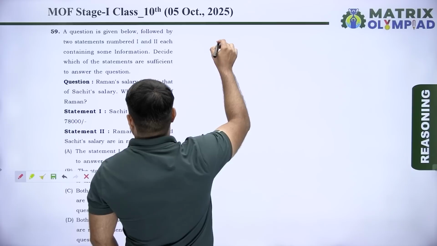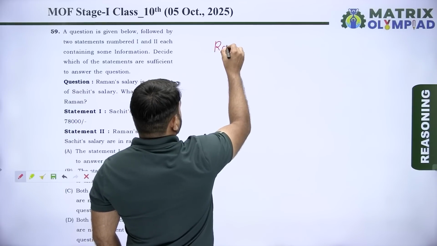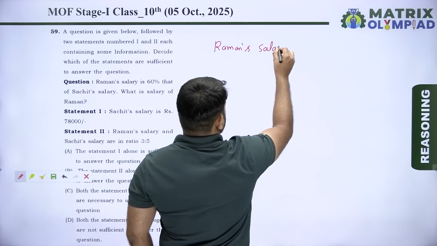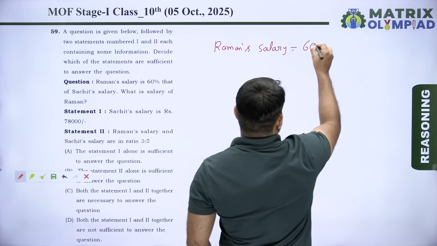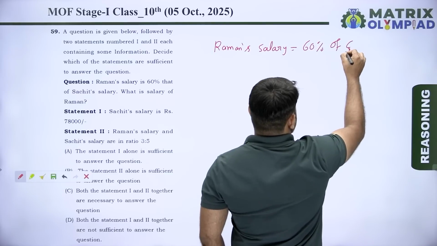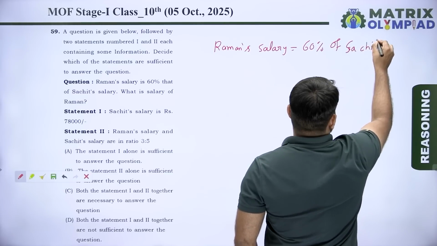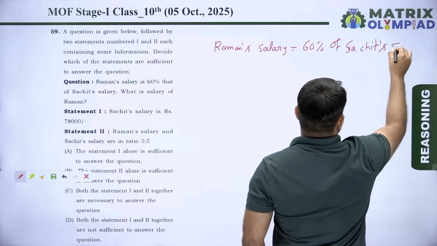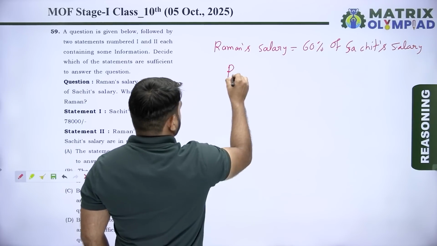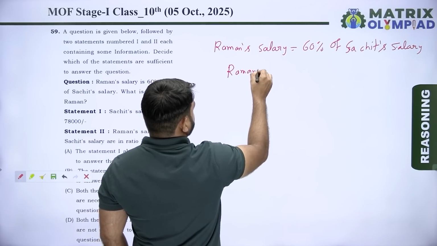So according to the question, Raman's salary is equal to 60% of Sachit's salary. Now find Raman's salary.